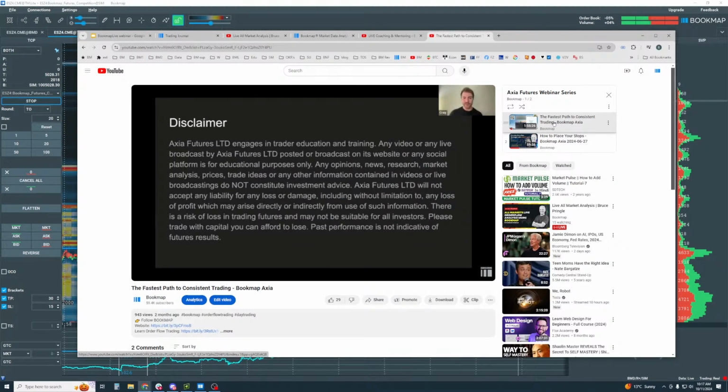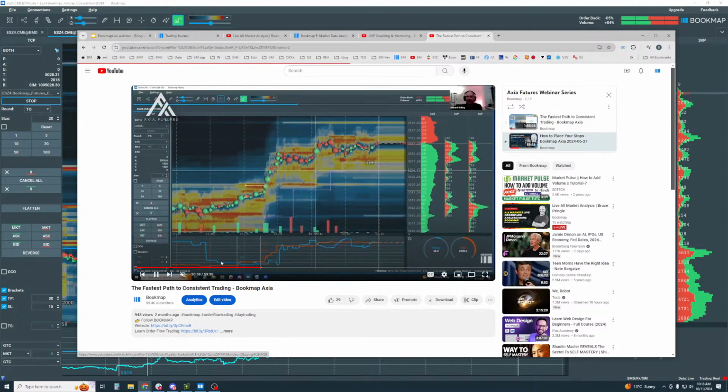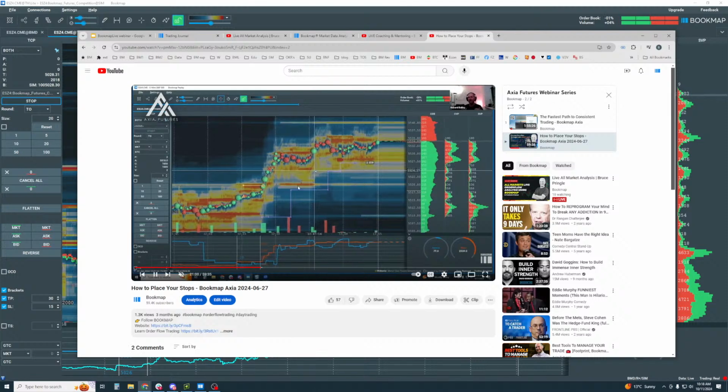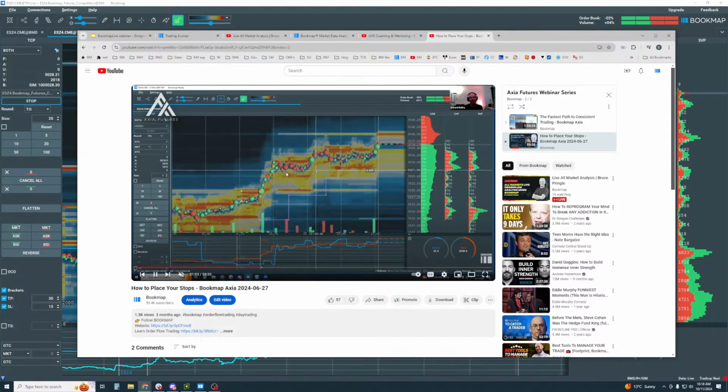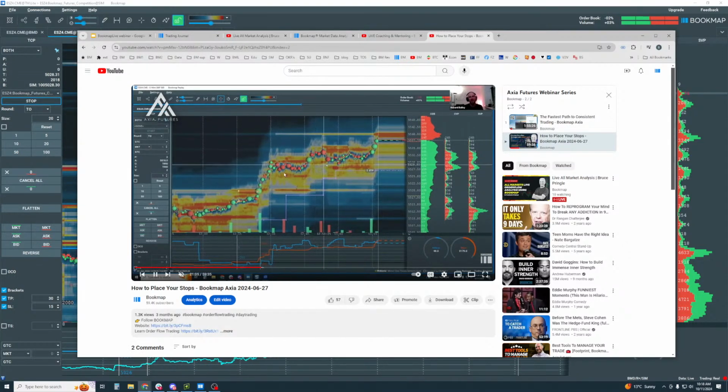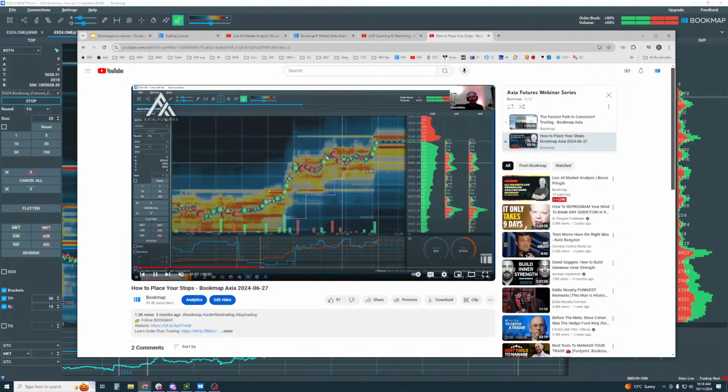One was about their fastest ways to becoming a consistent trader, the fastest path according to the way that they look at things. And then we talked in this one precisely about this move right here. Okay, this is in replay mode, but this is the move that we're seeing today.